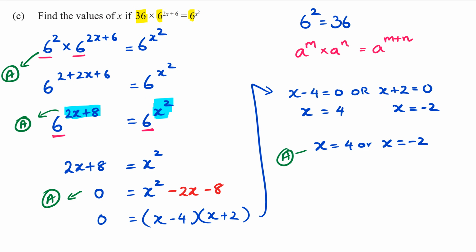For Merit, I don't think this would be an Achieved. I think for Merit is if you get the correct answers from the wrong quadratic equation. Correct answers from the wrong quadratic equation gets you a Merit.